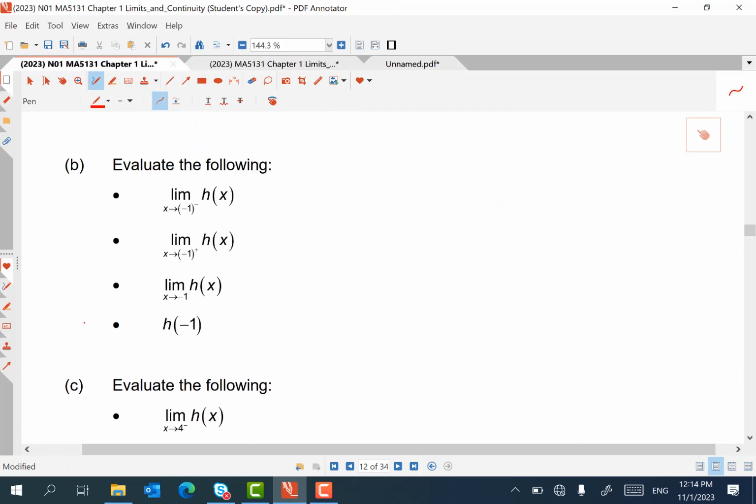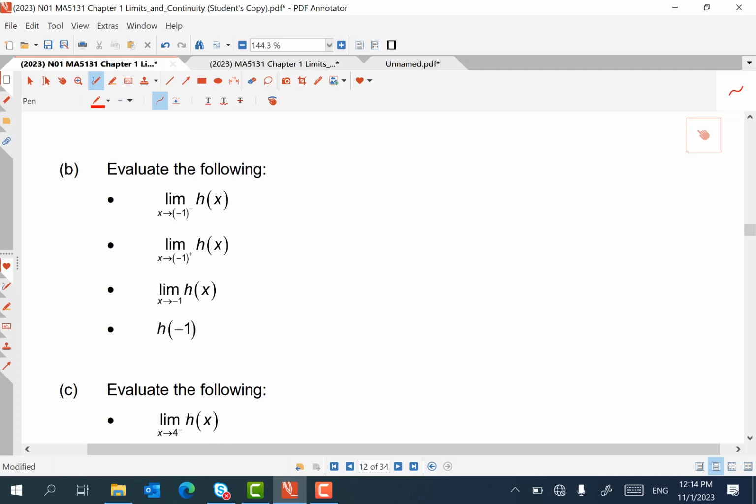Okay, let's answer this question. How do you answer this question? As x tends towards -1 from the left, you're not going to write down the answer right away. You're going to say this is the limit as x tends towards -1 from the left.